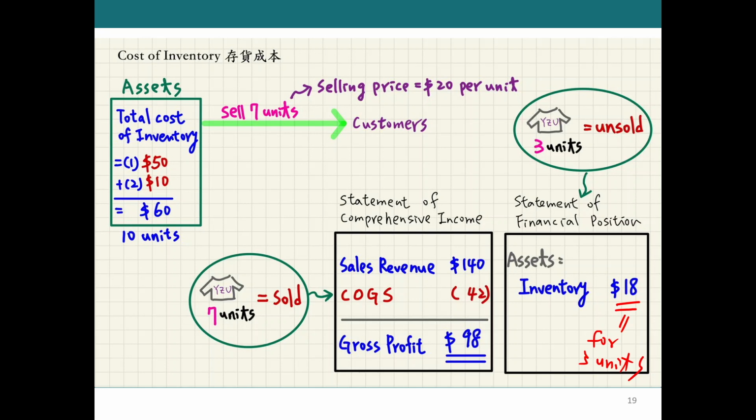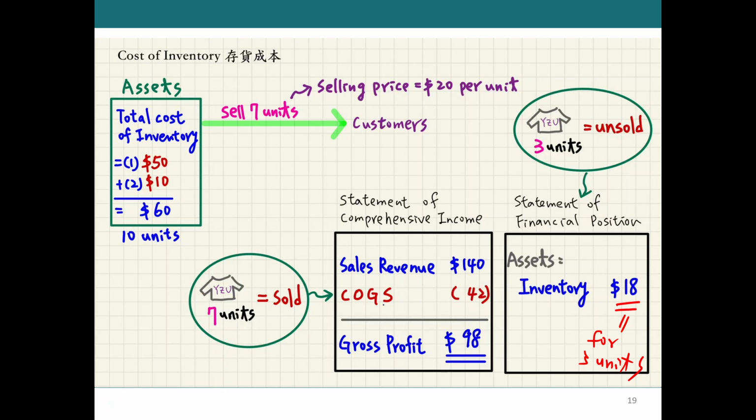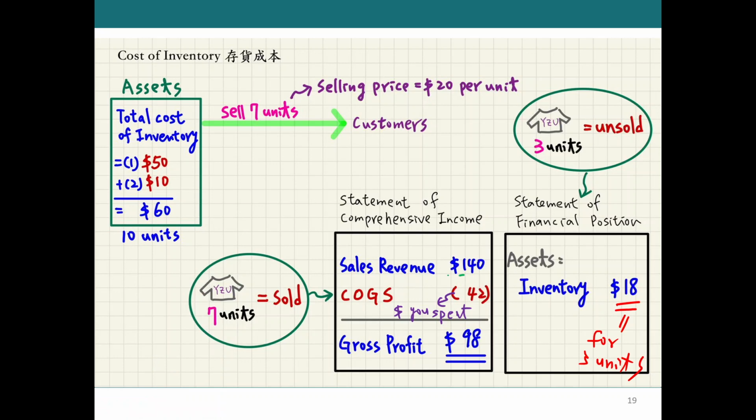So for those 7 units I sold to customers, did you find out? $42 is the money you spent. But for that, you could use that to earn more money back, right?